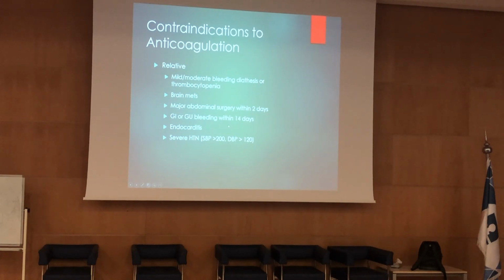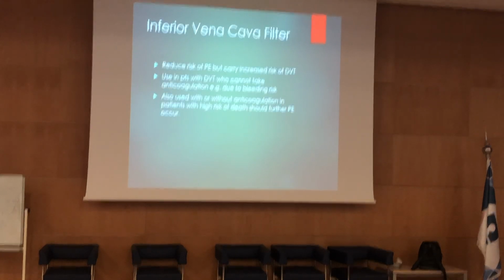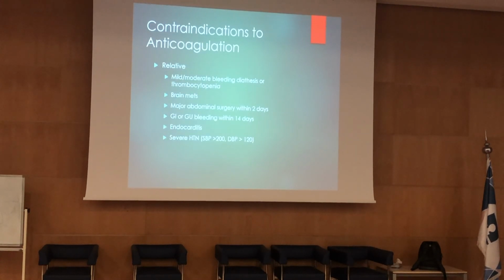Still you can give those patients, but you have to use your judgment. Brain mets, for example: the patient has cancer and there is metastasis, more cells spreading from the primary disorder to the brain. So they call it brain metastasis.